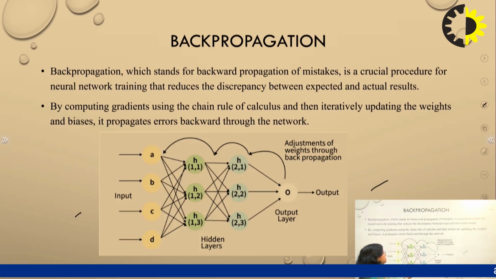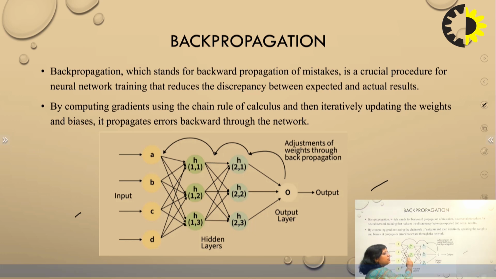Here in the first hidden layer we are using 3 nodes, and each node must be connected to every input. This is the condition here: every node of the hidden layer must be connected to the nodes of the previous layer. Here the previous layer of this hidden layer is the input layer, so each node is connected to every input.